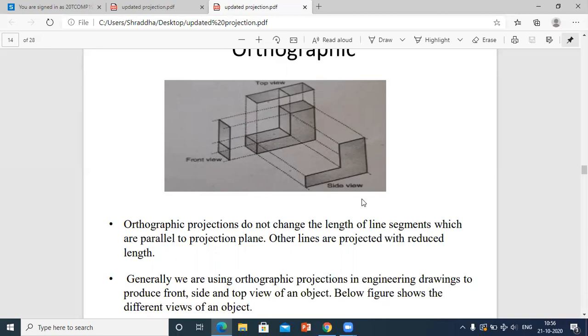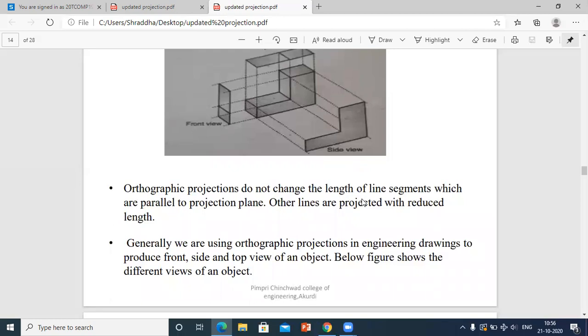If there is a projection plane and a line that is parallel to it, the projection will not change the length of that line, but the lines that are not parallel to the projection plane will obviously be reduced in length.